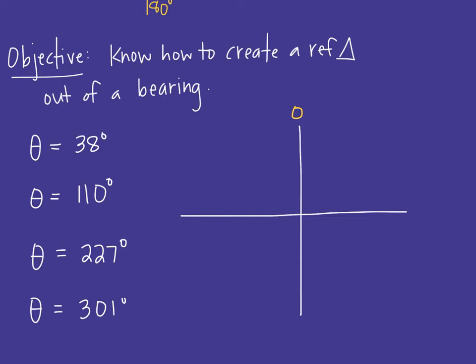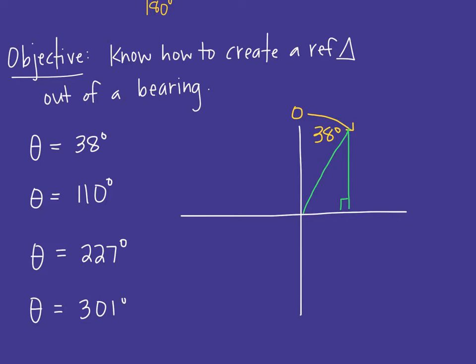But you know where 45 is halfway, so 38 should be not quite halfway. We connect our hypotenuse to the end of that mark. Then we create a reference triangle. And remember, a reference triangle always has to go down to the x-axis, like this.